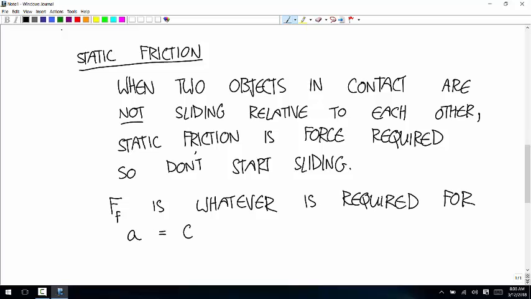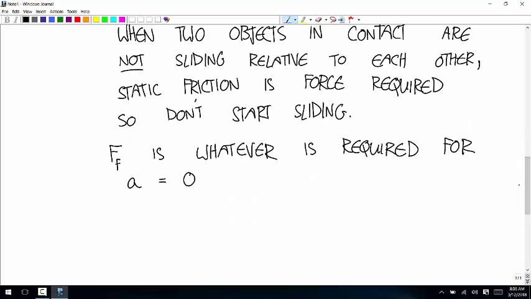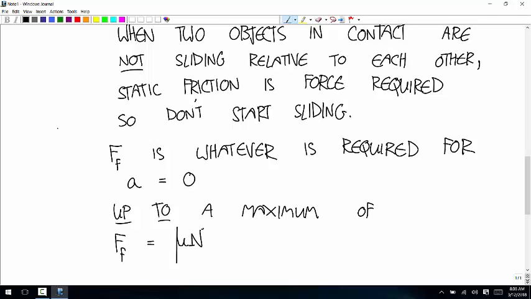Static so far, yeah. Up to a maximum force of friction equal to this Greek letter mu times the normal force.